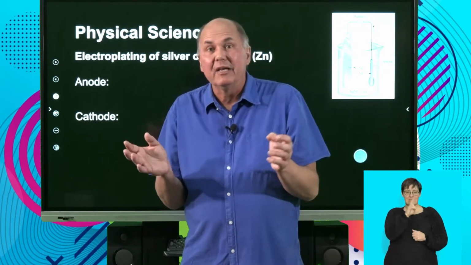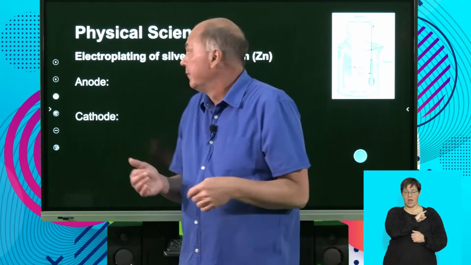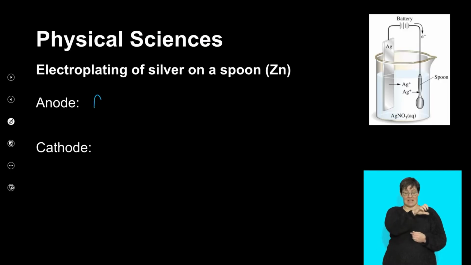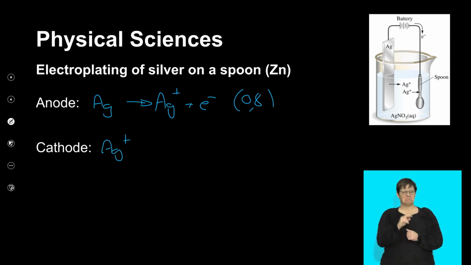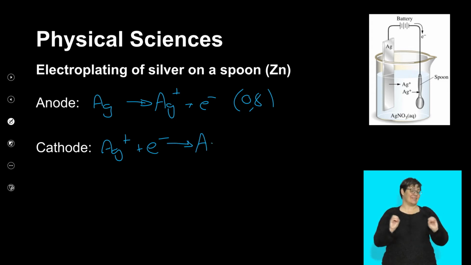If you do the calculation, you'll see it's nought, because at the anode, we've got silver going to silver ions plus an electron, and that was 0.8 plus 0.8. So if we do the calculation, it doesn't look like you need any potential difference.